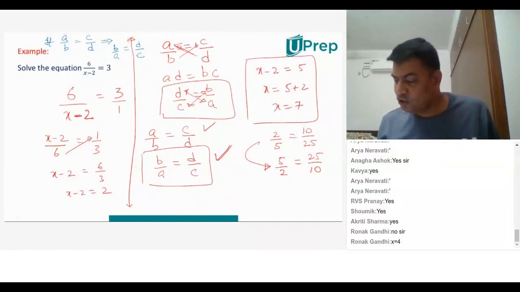Similarly, if A by B is equal to C by D, you can apply alternando. That means you can alter this.